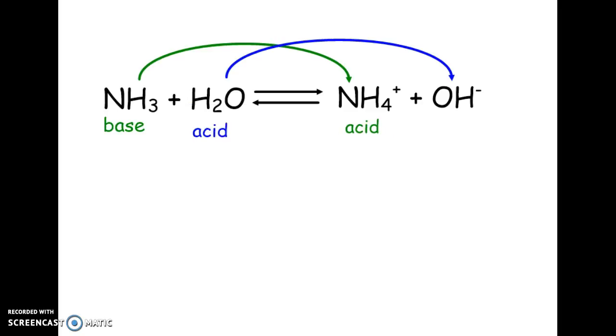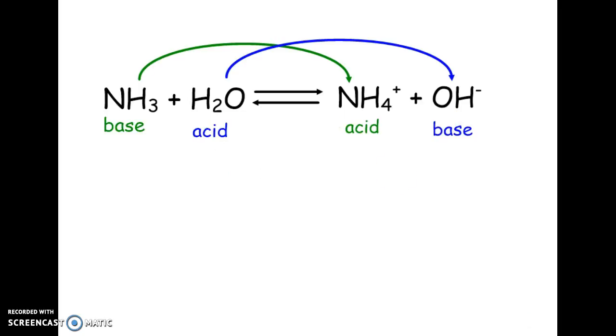In the reverse reaction, OH- is becoming H2O. In order to do that, it has to accept the H+ ion, which means OH- is acting as my base. So again, we have an acid and a base on the reactant side, an acid and a base on the product side, and one of each conjugate pair is an acid and the other one is a base.